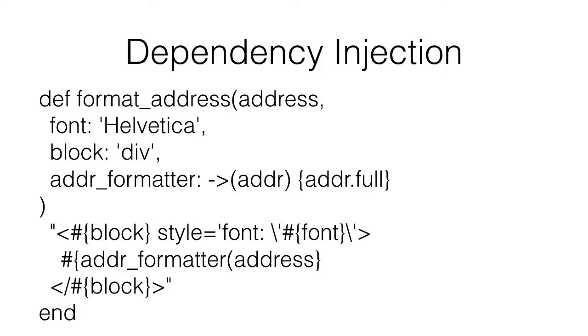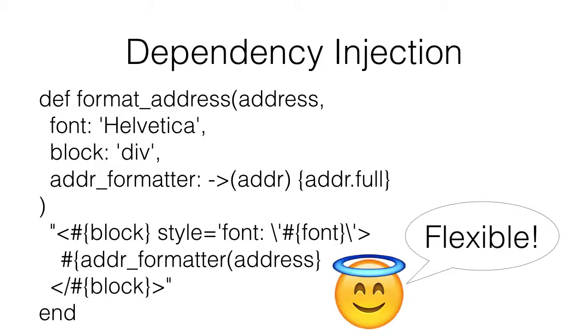Notice that keyword args are leading me quite naturally to a functional expression of the way this stuff should work. Dependency injection through keyword args allows me to make my code more flexible.